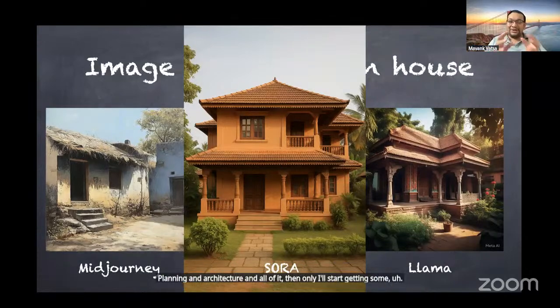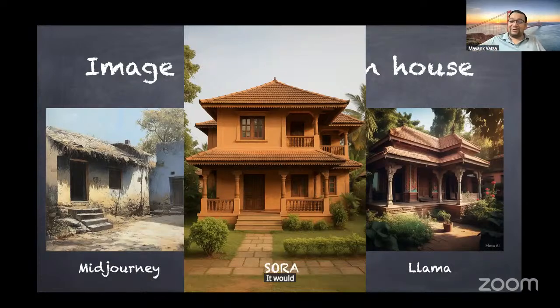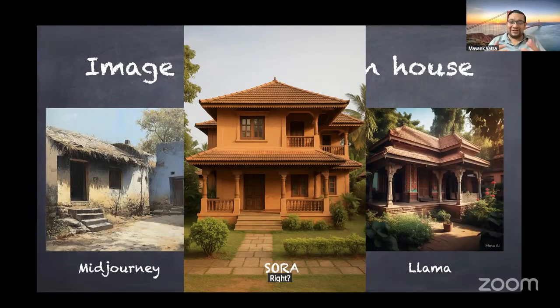If I only say image of an Indian house, I get these kinds of outputs. But if I say image of a house, it would assume I'm talking about a house in probably California, and generate a modern house in an urban setting. So this shows there is a knowledge gap between what these models know and what our expectations are.